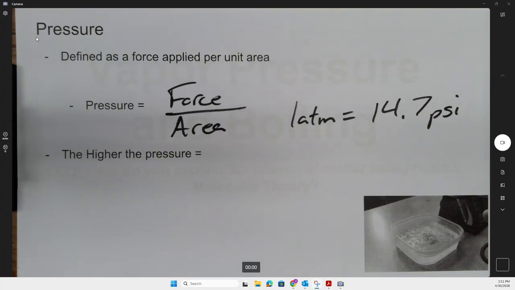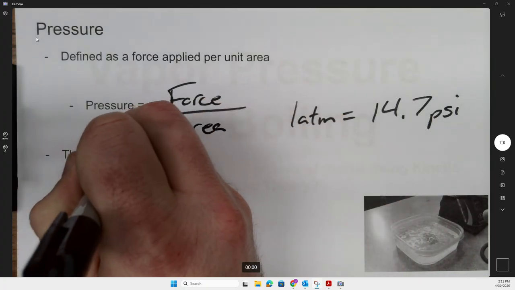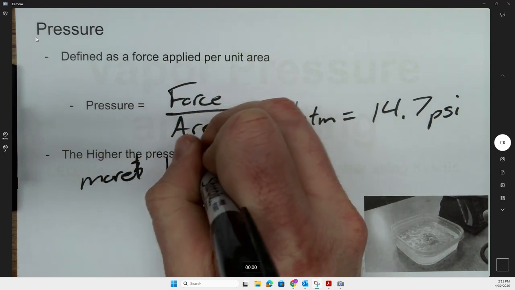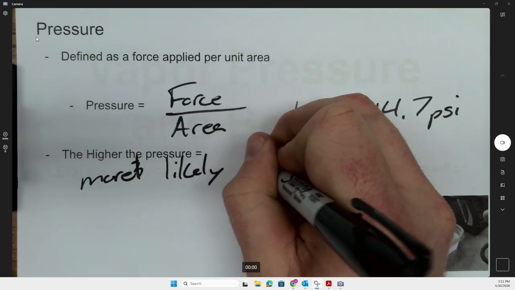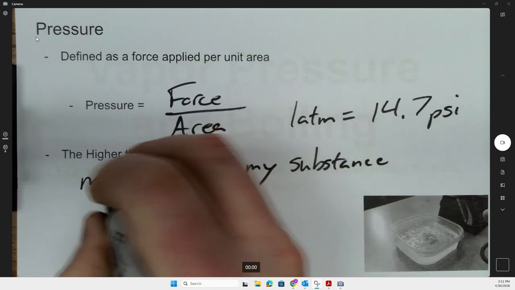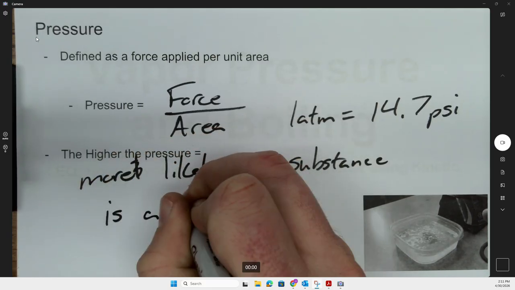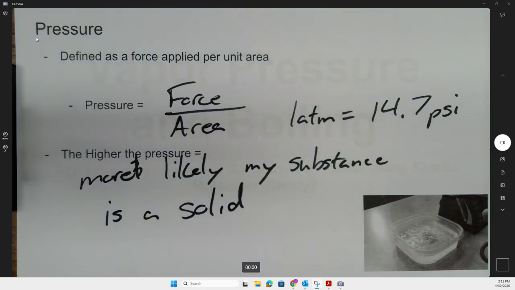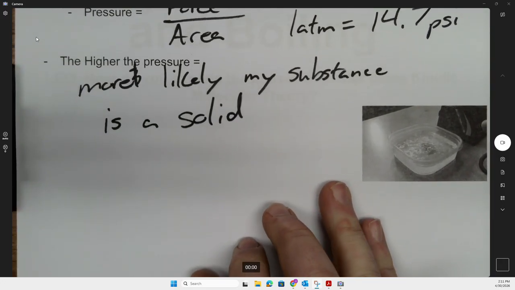What we're going to talk about is that we're going to see that the higher the pressure, the more likely my substance is a solid. Why is that the case?